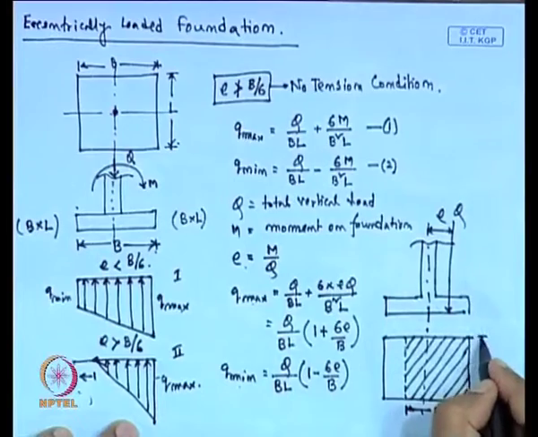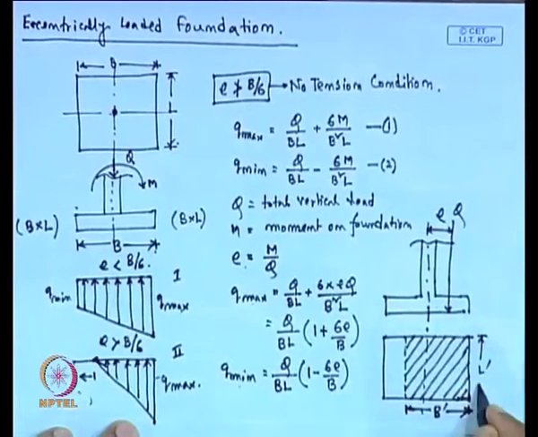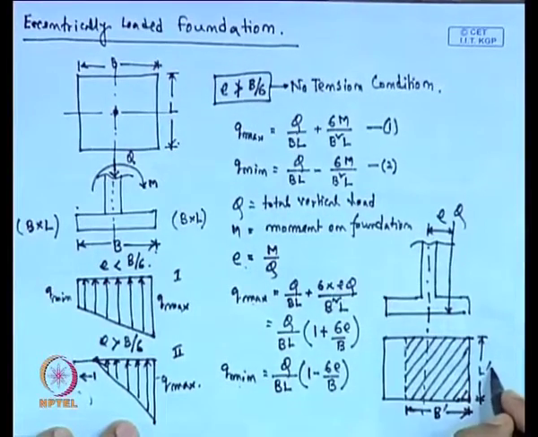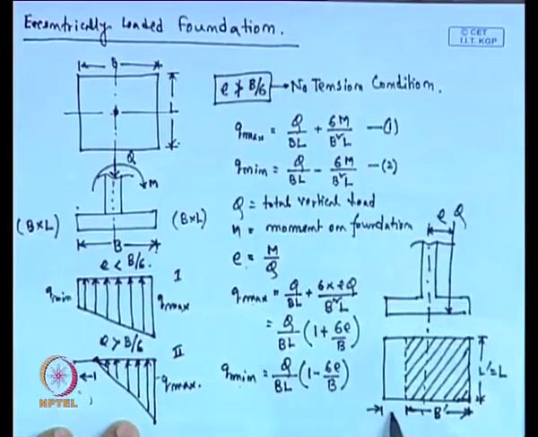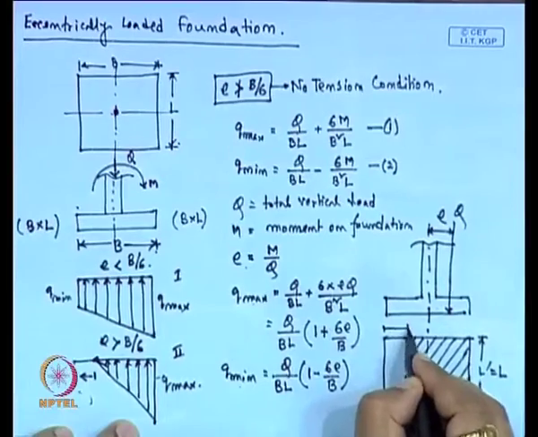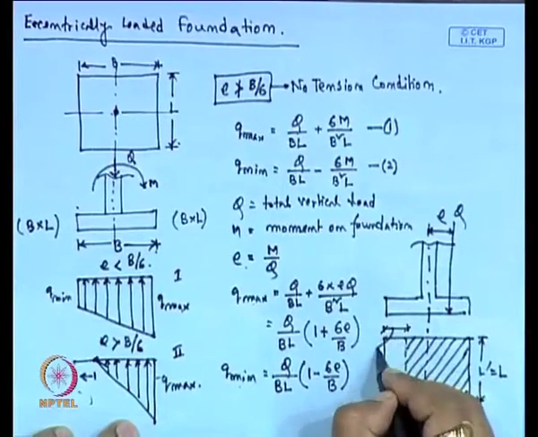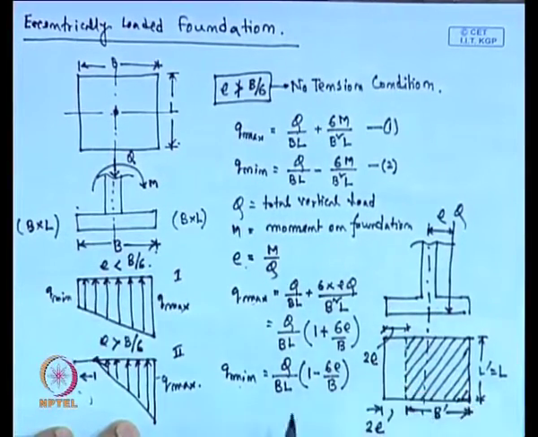And here this value L dash, as it is one way eccentricity. So, L dash will be equal to L, but B dash is reduced by some amount. Here this white portion is written as 2 into E, and this hatch portion is B dash.